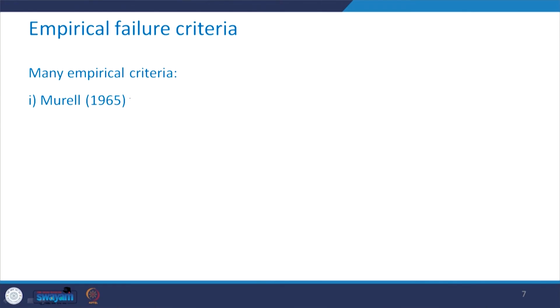The first one in this series which I am going to discuss is the criterion given by Murrell in 1965, and he suggested that sigma 1 is equal to sigma c plus b sigma 3 to the power a.